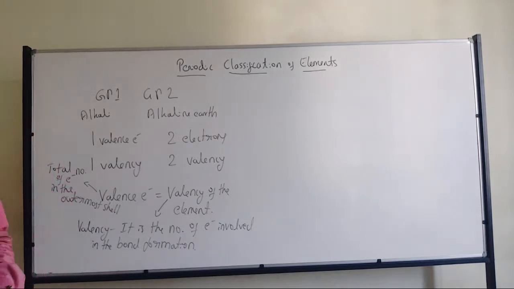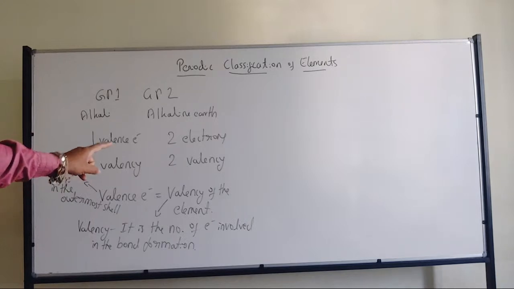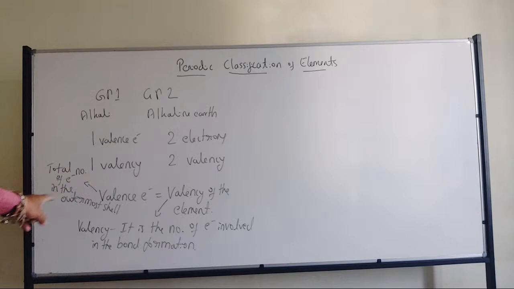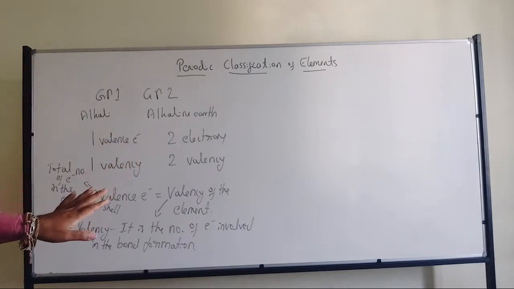All of you have understood the difference? Valence electrons are the total number of electrons present in the outermost shell, and valency is the number of electrons involved in the bond formation. For alkali and alkaline earth metals, that is S block elements, the valence electrons and the valency of the element will be the same. No difference. Fine?